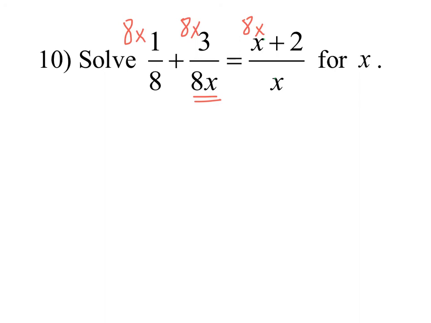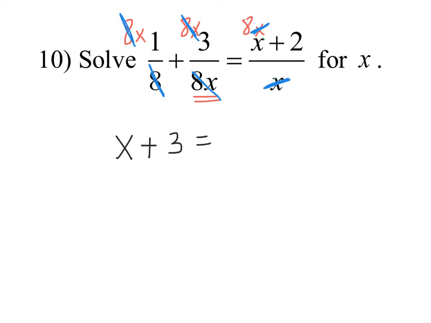So in this first term, I can get rid of this 8. In the second term, I can get rid of the 8x. And in the last term, I can get rid of the x. And then I'm going to rewrite my equation. So here I have an x times 1, which is just an x. And then I have a plus sign, and then I have a 3 by itself.